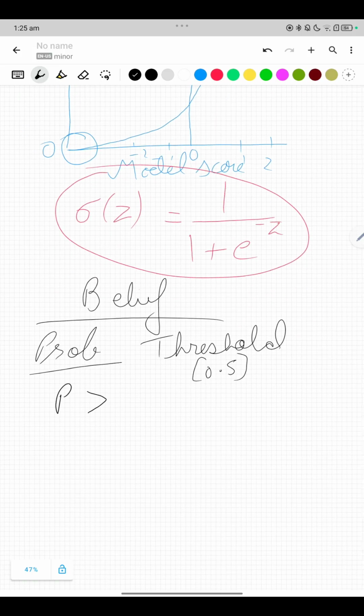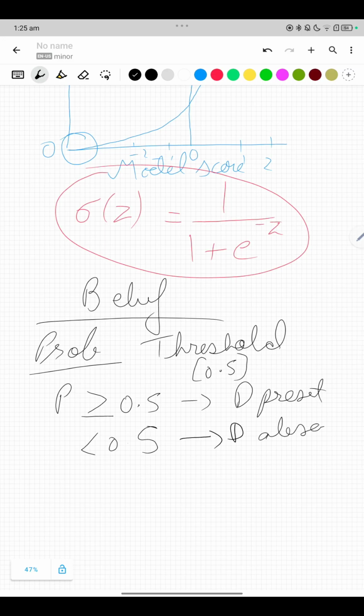So a probability greater than or equivalent to 0.5 would mean, going back to the disease problem, the disease is present, and a probability less than 0.5 would mean that the disease is absent, that the person is fine, right? So the model says, I am more than 50% sure, so I'm going to say yes, right? So that is what the model tries to convey.